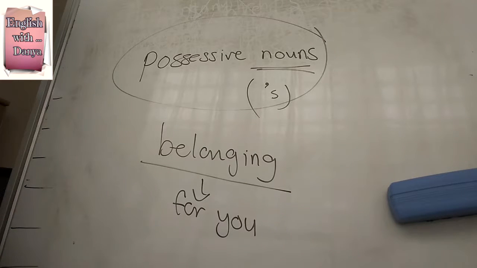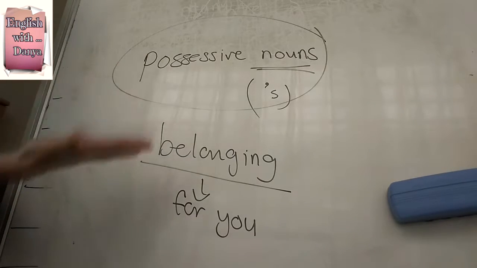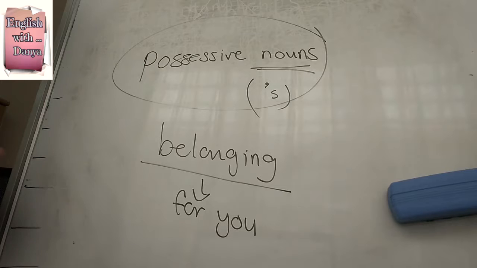It has to be for just one thing and not for others. So this is what we mean by possessive and belonging. Now let's look at the examples, like how can we use apostrophe and s.